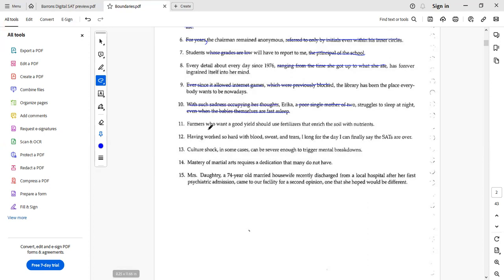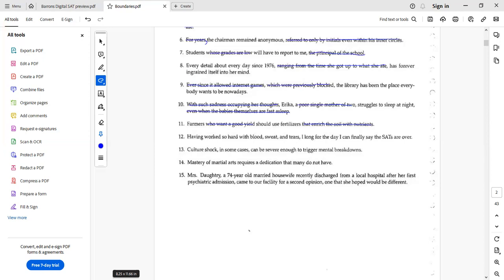Thank you, Masa. Suhaib, number 11. "Who want..." from "who" till "yield." Yield, okay. Do we have another one? Yes, and from that to nutrients. Okay. So farmers should use fertilizers. Perfect. Let's go again to Abdul Munam, number 12. "Having worked so hard with blood, sweat, and tears."